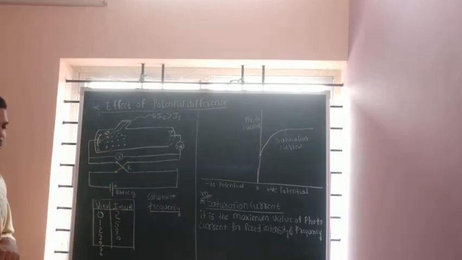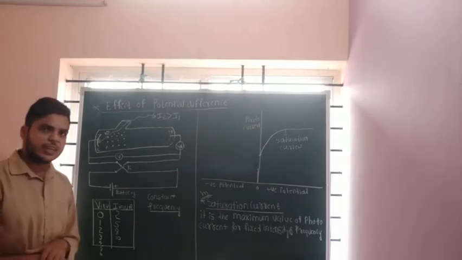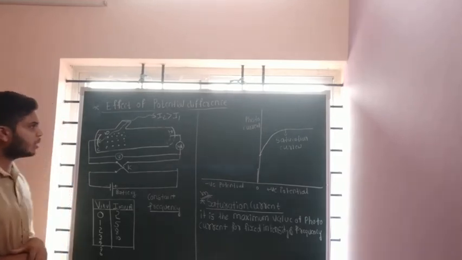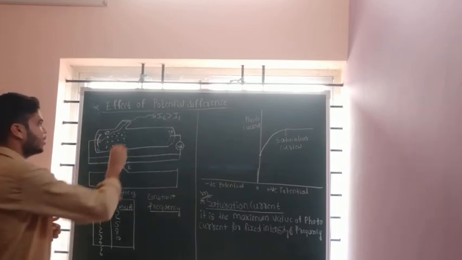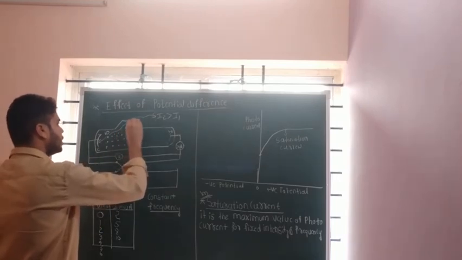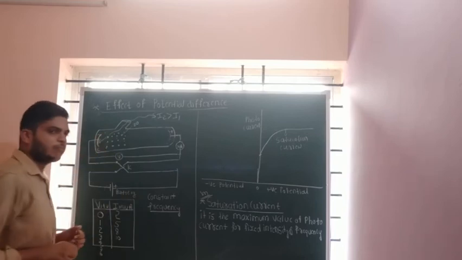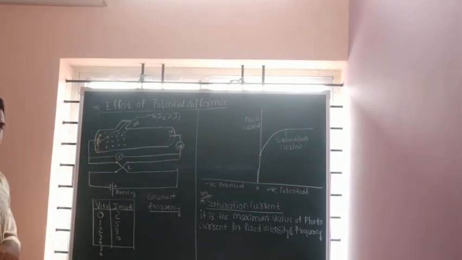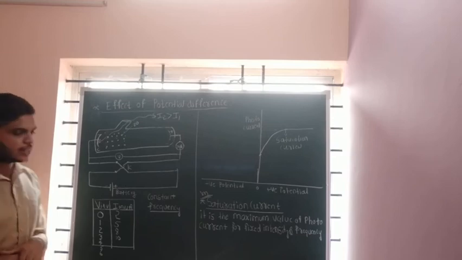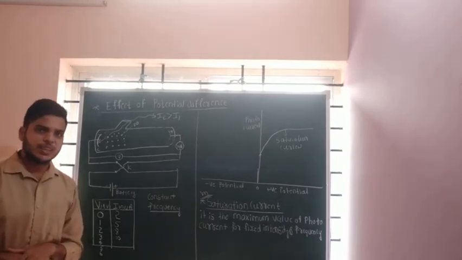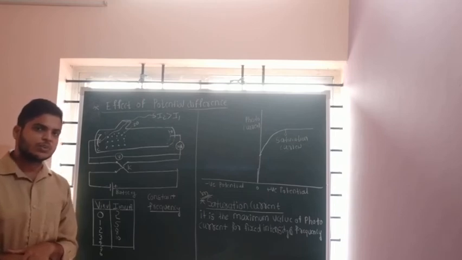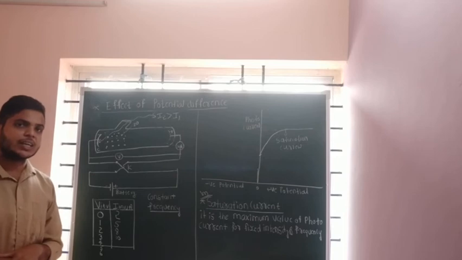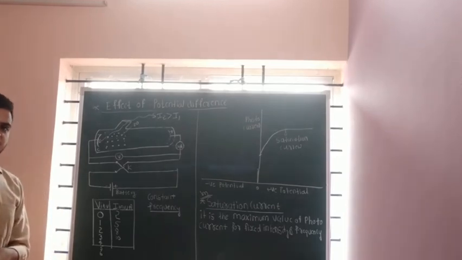But here what is changed is, for I1 intensity 10 electrons are coming, but for I2 intensity imagine that 20 electrons are coming. More electrons are emitted because, in the first observation, the effect of intensity, we studied that the photocurrent or the photoelectrons emitted is directly proportional to the intensity of the radiation.